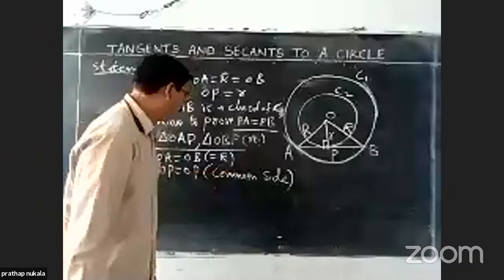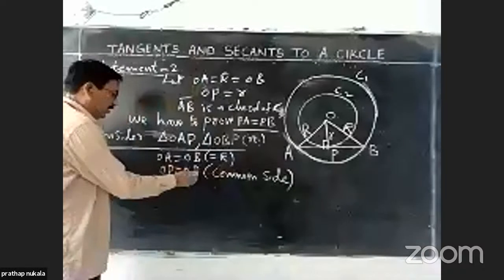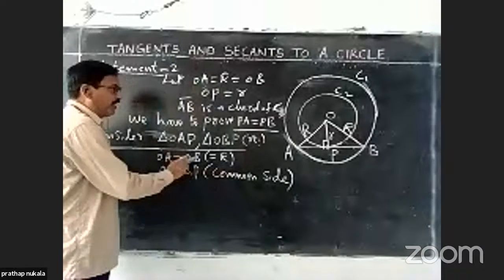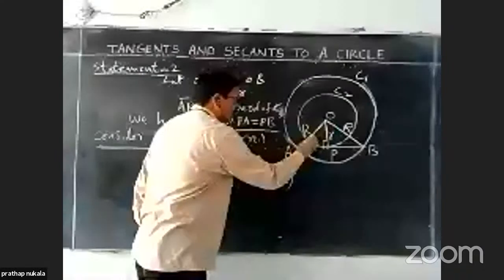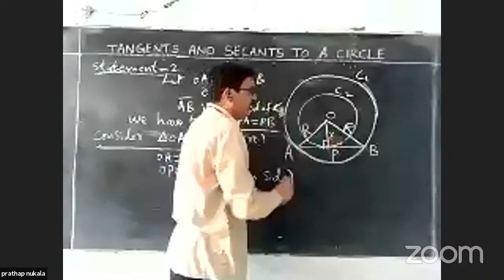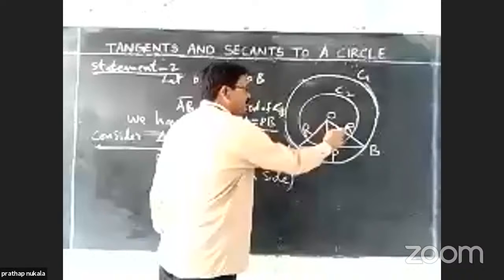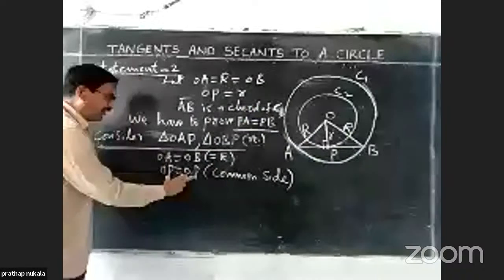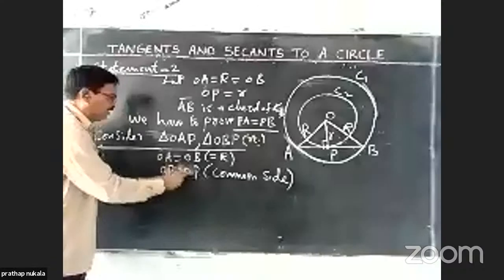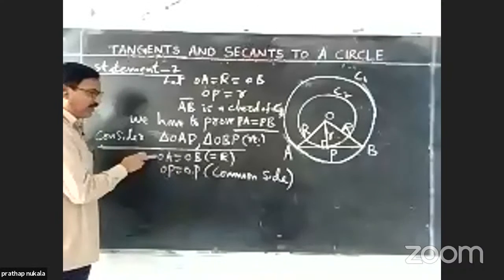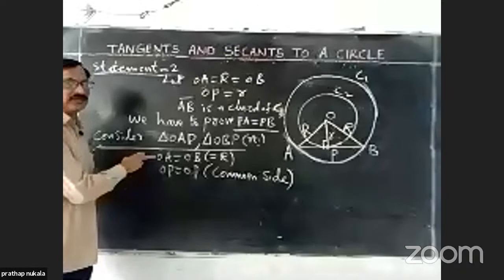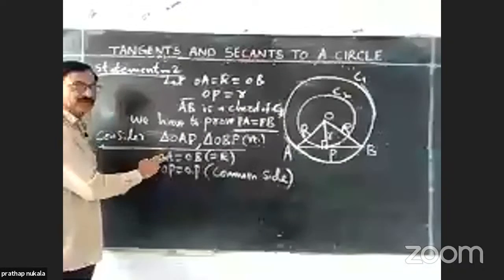Now, OA and OB are hypotenuses. OA is the hypotenuse of one triangle, and OB is the hypotenuse of the other. Therefore, these two are corresponding hypotenuses, and they are equal. One pair of corresponding sides and the hypotenuses are equal.